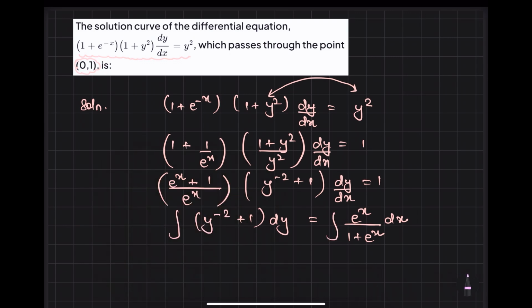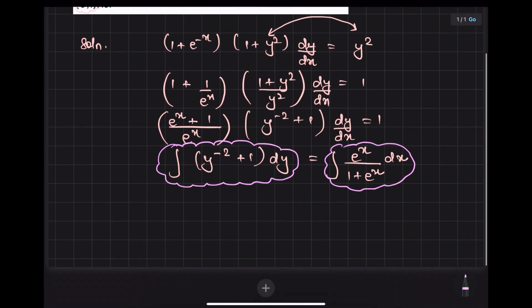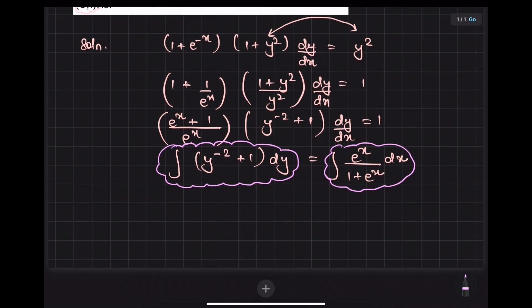Now we will integrate this function with respect to y. We will integrate this function with respect to x. So we have integration of y to the power minus 2 is y power minus 2 plus 1, which is minus 1, divided by minus 1, plus integration of 1 is y. And then, if you observe this thing, you will take this as z and you will have e to the power x as dz.